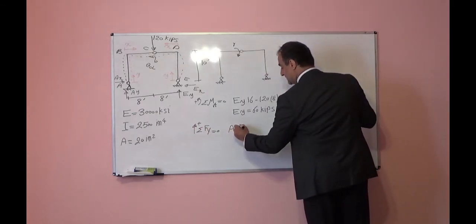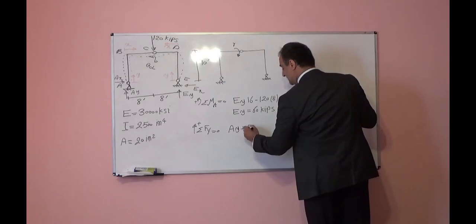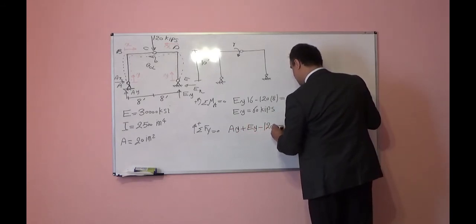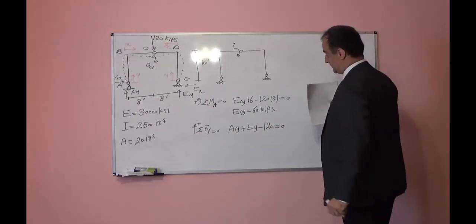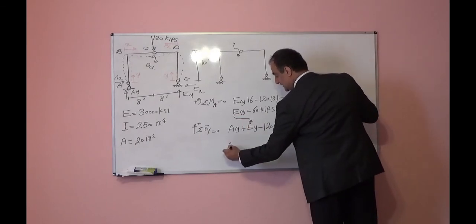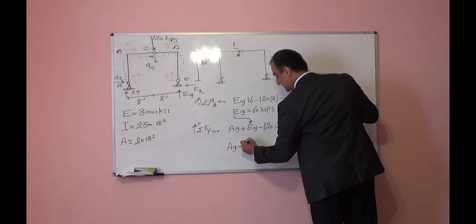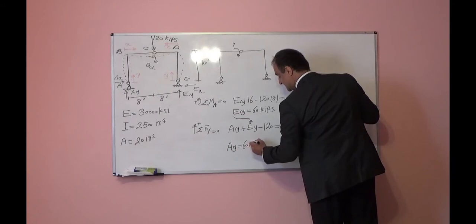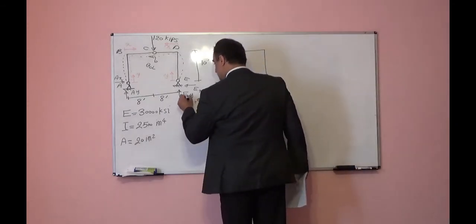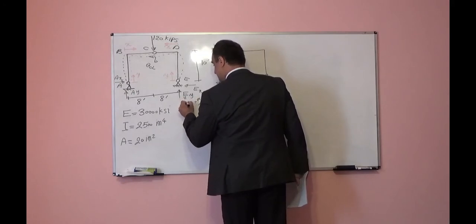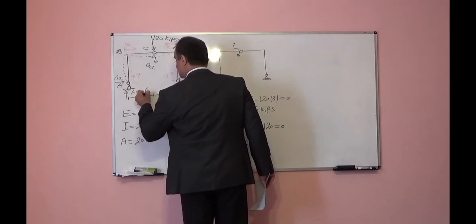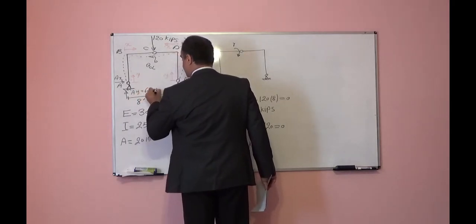So Ay plus Ey minus 120 is equal to 0. If I put Ey here, Ay will be 60 kips again. So Ey magnitude is 60 kips, Ay is 60 kips.